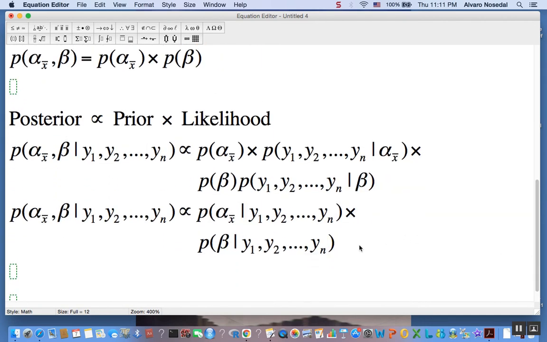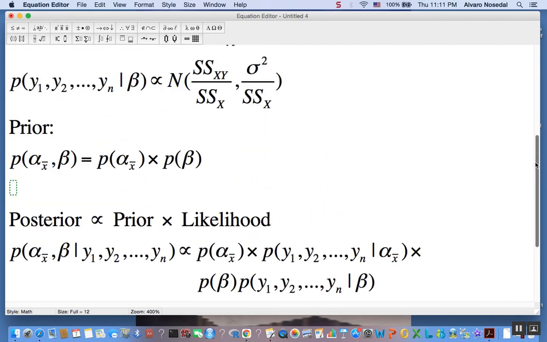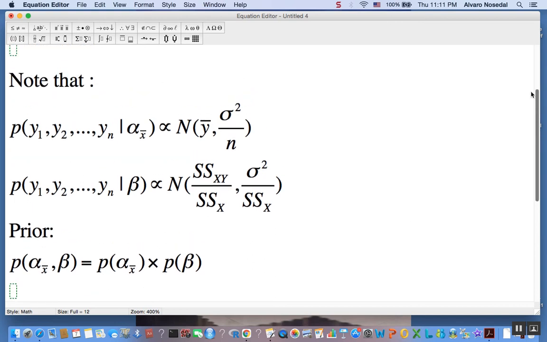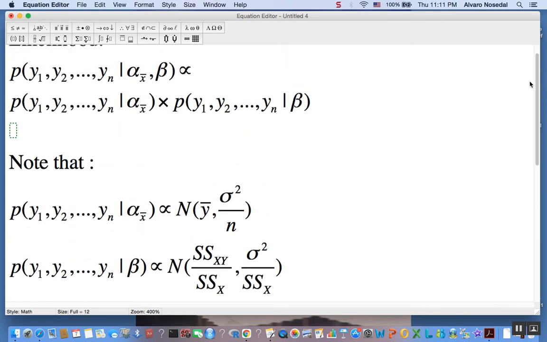Now let's talk about the posterior. What we said is, since the likelihoods are proportional to normals, we could consider either flat priors or normal priors. So let's find the parameters for the posterior distributions.